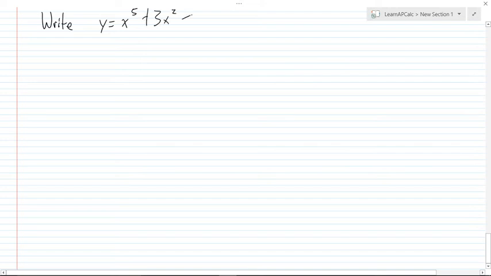Alright, so one thing to know is when we're writing parametrics for Cartesian equations, there's not one way to do this. I could, if I really wanted to, say x of, well, I'm sort of jumping ahead.